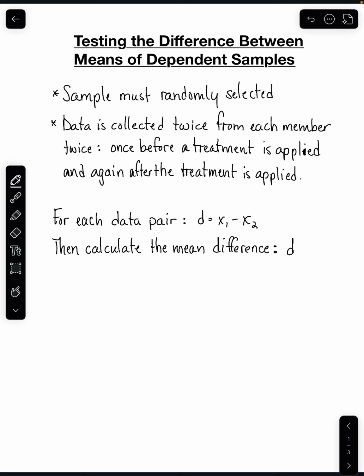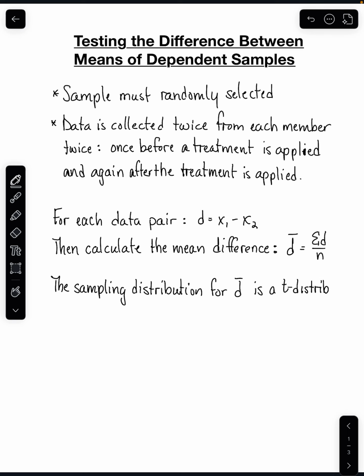This would be d bar, and of course that would come from adding up all of the differences and dividing by n, where n, of course, is the sample size, as it usually is. The idea, then, is that the sampling distribution for d bar will be a t-distribution with n minus 1 degrees of freedom.